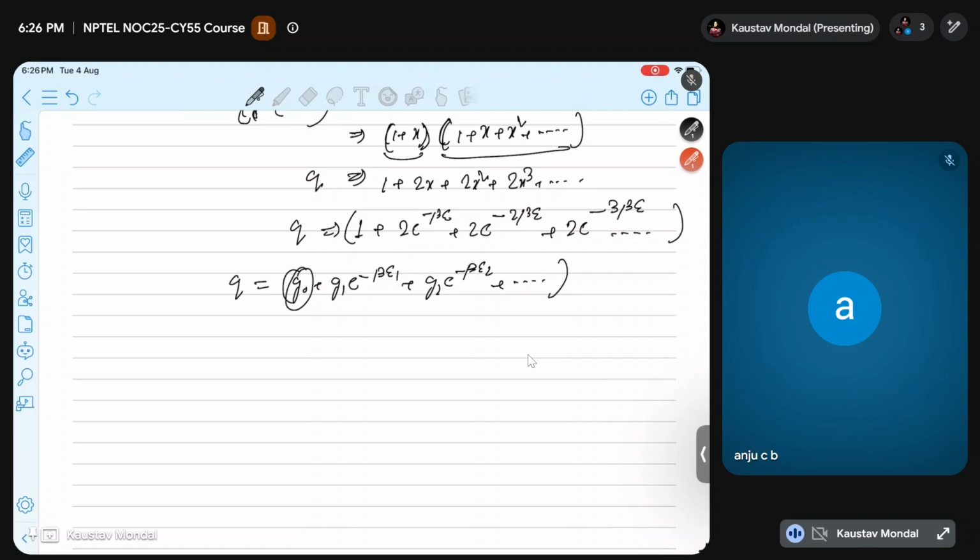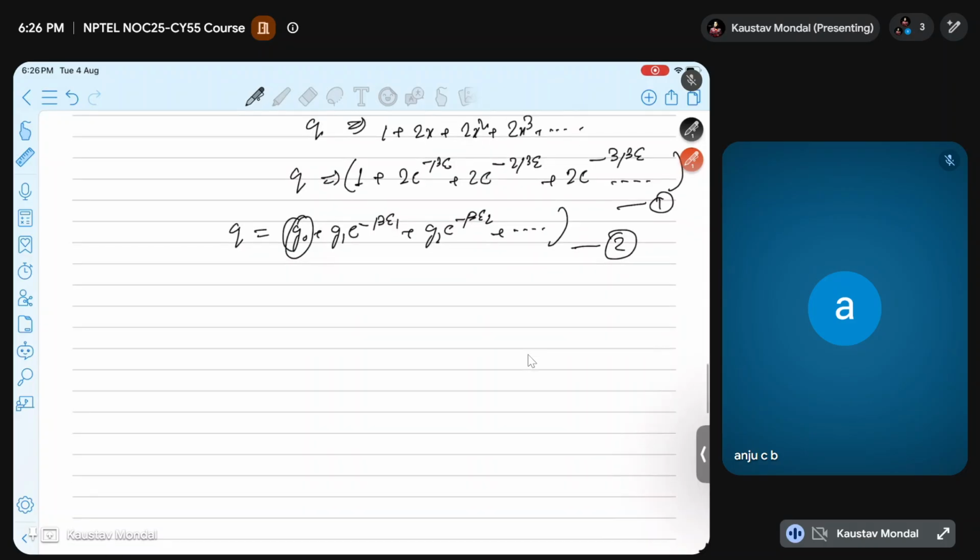If you compare equation 2 with equation 1, you can easily get the g0 value for the given problem: g0 is equal to 1. That means the ground state degeneracy is equal to 1.